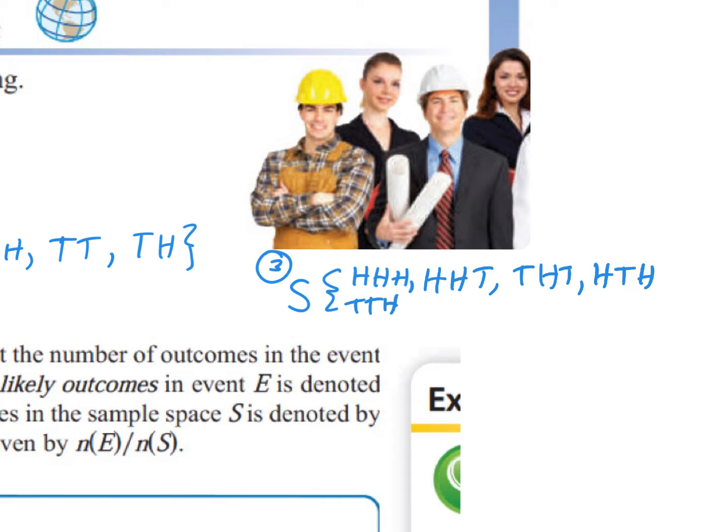Tail, tail, head. What about if I had 3 tails? Are we missing any? How about 1 tail and 2 heads? Does that work? Do we have a heads, tails, tail? 1, 2, 3, 4, 5, 6, 7, 8.